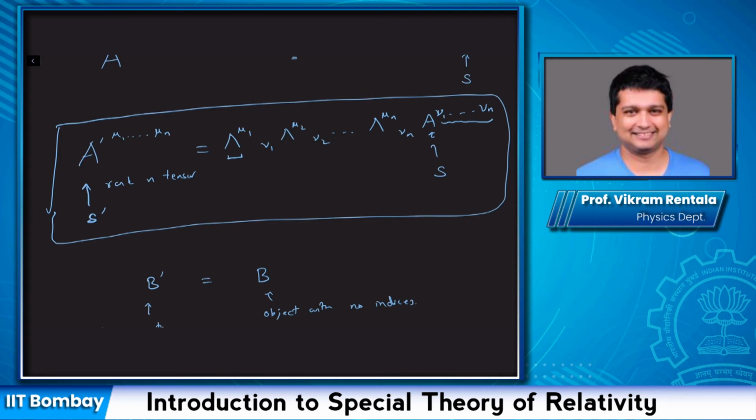So this here is the most general dictionary of Lorentz transformation. We will see specific examples of different objects that transform in these more complicated ways later on.